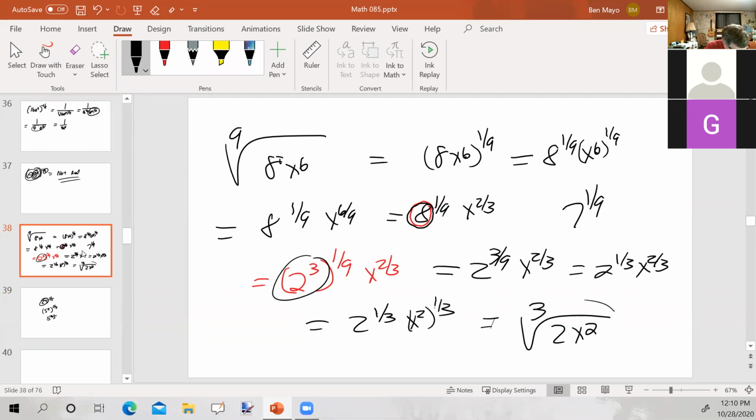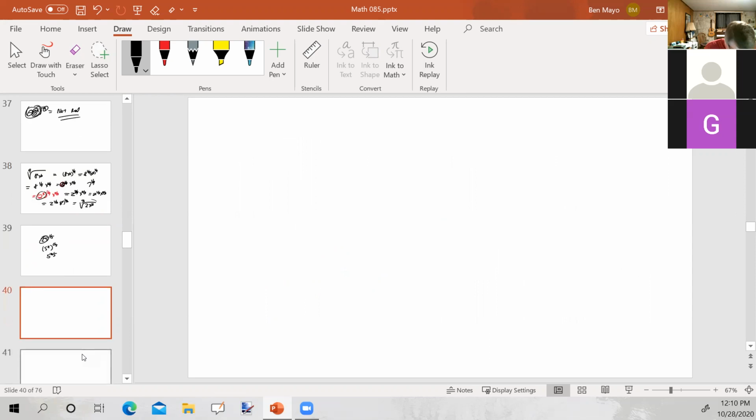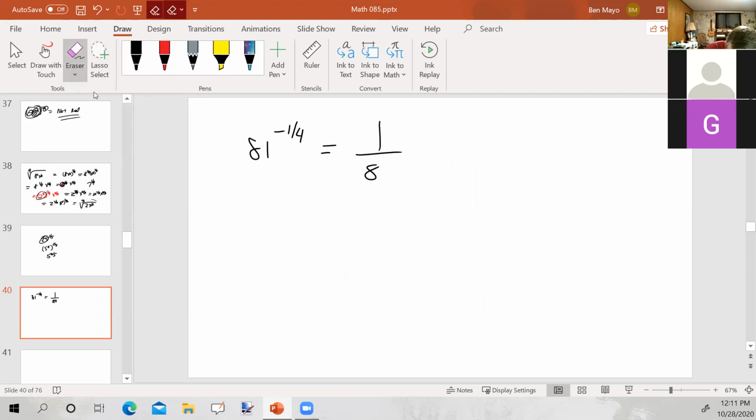Let's see if I can find another one. Actually, let's do this. Okay, I'm going to do this maybe the conventional way. Oops, it helps if you write the right numbers.